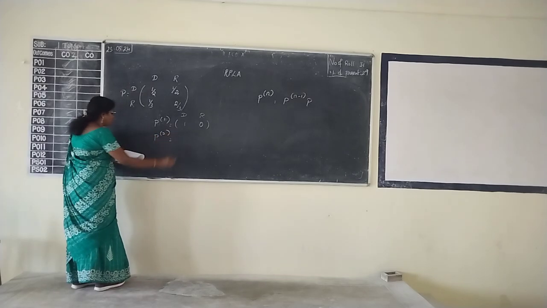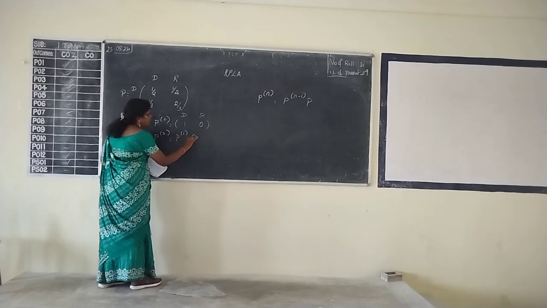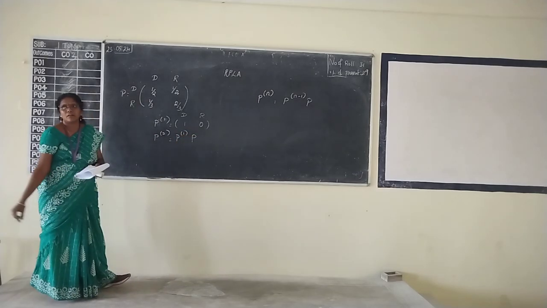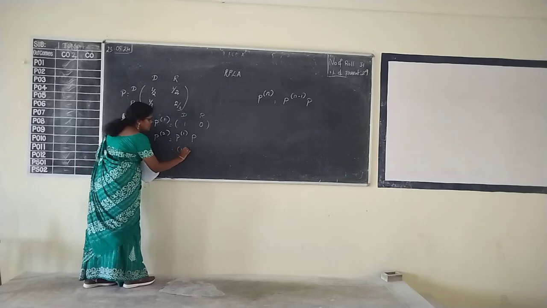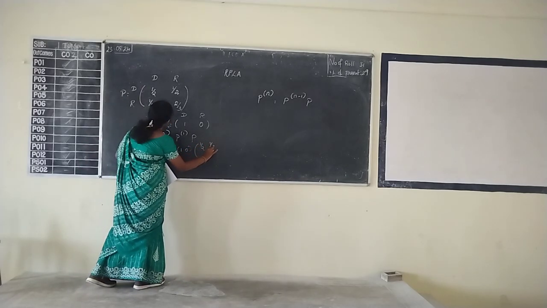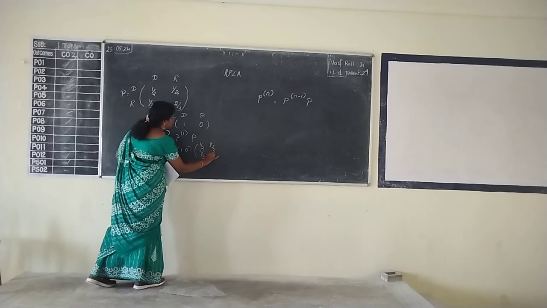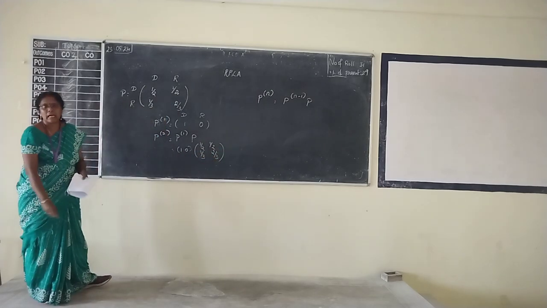So continue. The second step P2 will be equal to, what is the formula? P1 into P. What is P1? 1, 0. What is P? 1 by 2, 1 by 2, 1 by 3, 2 by 3.